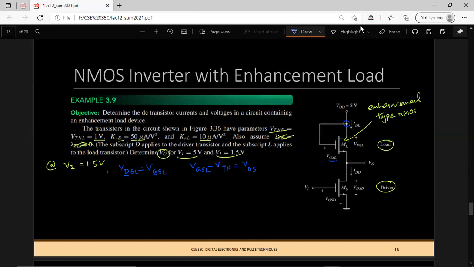So VGSL minus VTNL is less than VDSL, because VTNL is 1 volt. So we can safely assume that the ML will operate in saturation mode, no matter what the input voltage is.